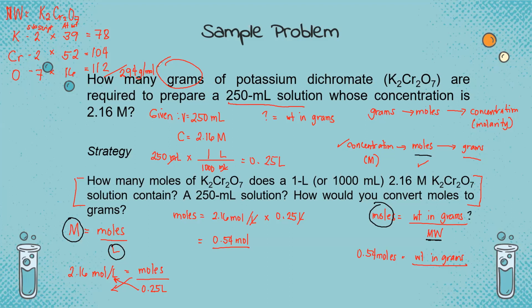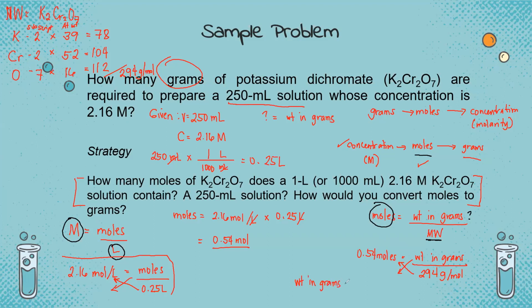So we have computed the molecular weight. We can proceed with the computation of the weight in grams. Let's just substitute it here. 294 grams per mole. This is the same thing as the previous one. So let's cross multiply. We bring down the weight in grams.